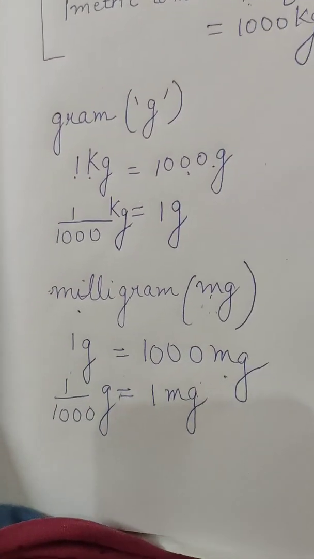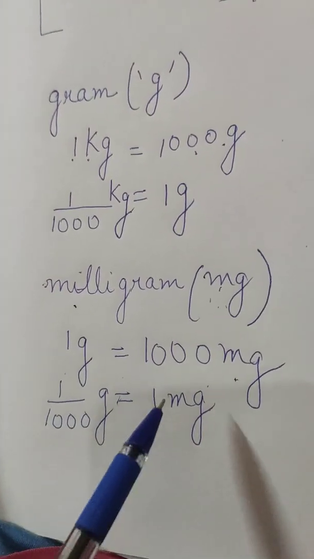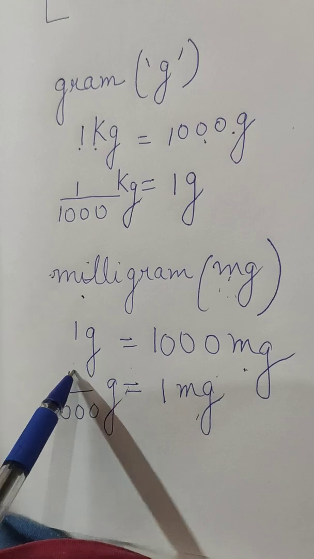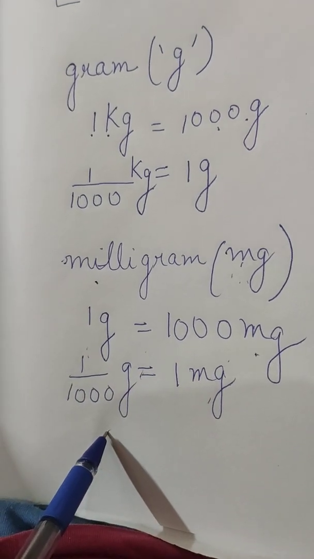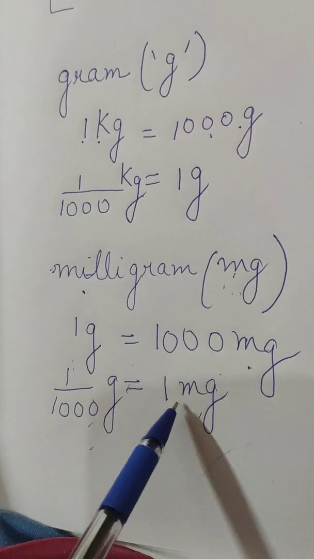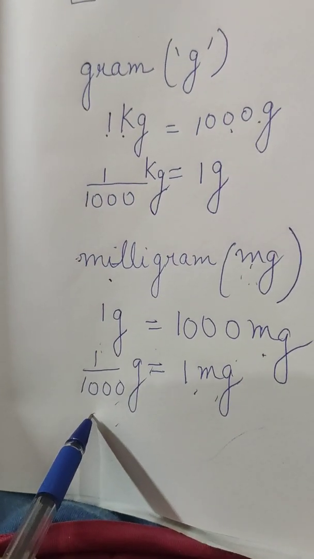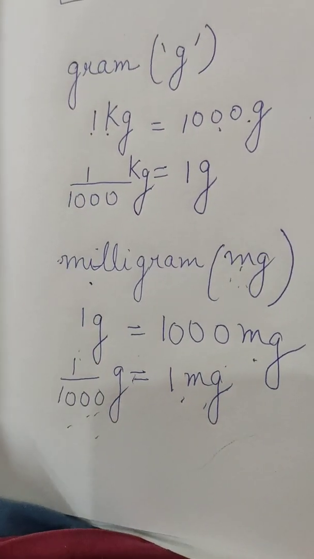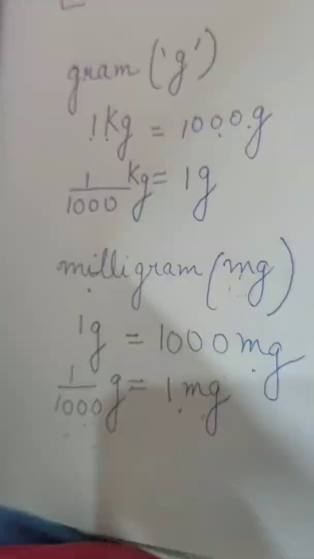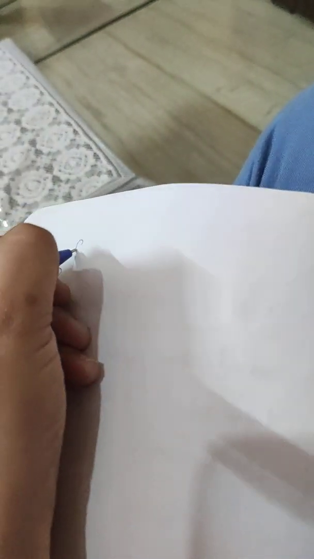Now you think about it. If 1 milligram is equal to 1 upon 1000 grams, then 1 milligram is equal to how many kgs? Now this conversion we are going to do. Listen to me carefully. We have 1 upon 1000 gram is equal to 1 milligram.